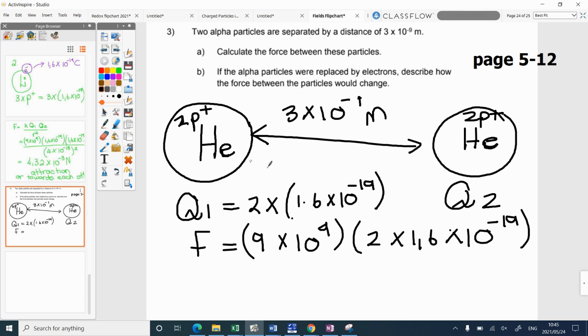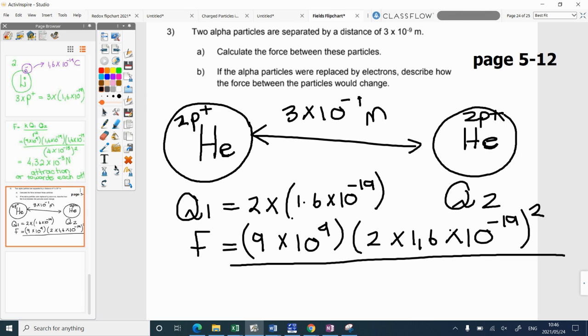But here there's 2 here, and we already put the 2 there. So we have to take this charge and times it by the same charge. That's why we would square it. Otherwise, you can write that whole bracket again. It's just because Q1 and Q2 are equal to each other this time. So it's like having a 5 here and a 5 here, so it's 5 squared.